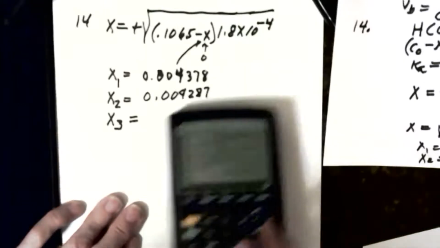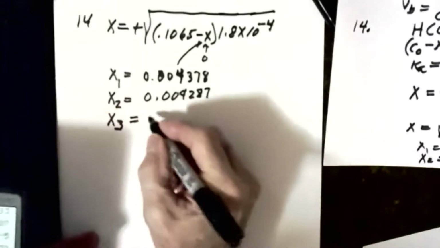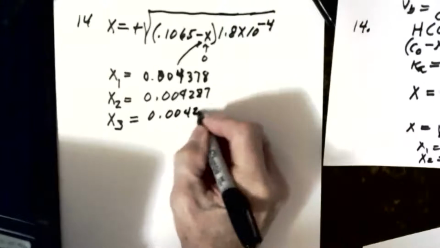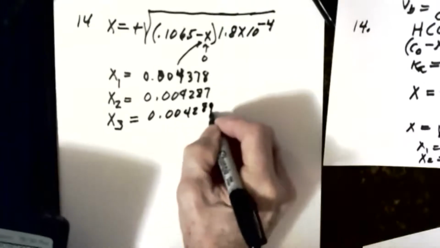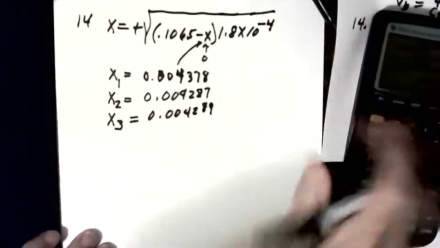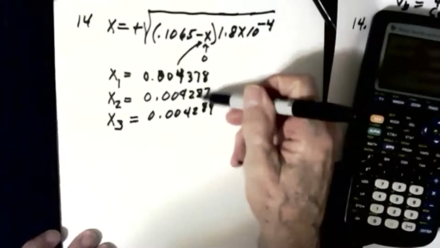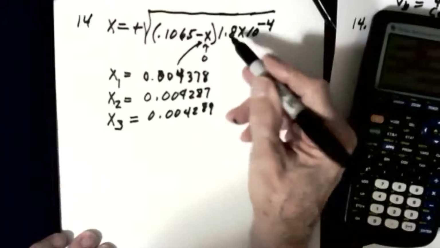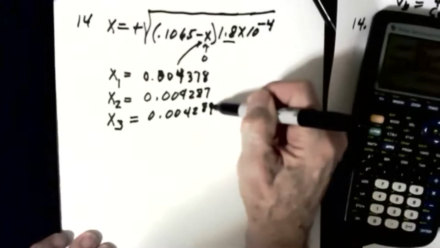This time I'm getting 0.004289. Now these both would round off to the same number in the third significant figure. And we only have 2, so we ought to be good with this number.